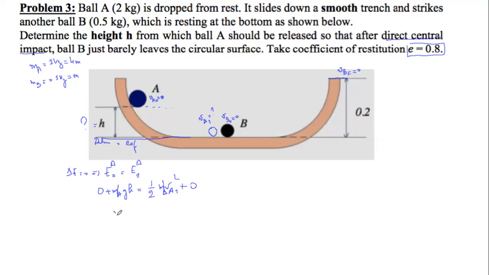You simplify by MA, and VA1 just before collision is equal to square root of 2gH. So that's the velocity of A here, but I don't know H, so I keep it.